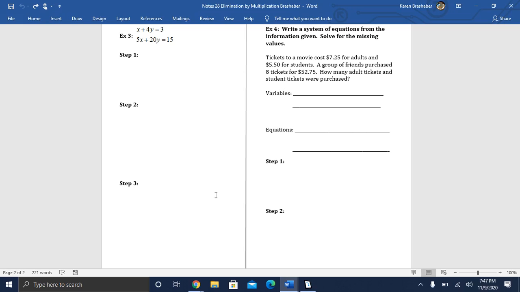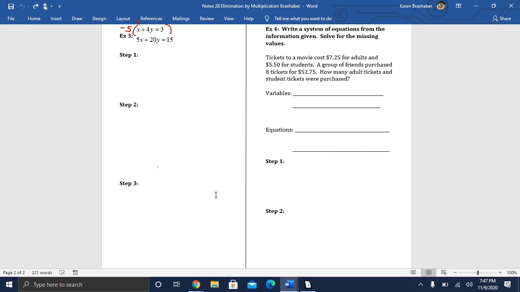Since I haven't done that yet, I could multiply my top equation by -5. If I do that, then I would have -5x, and my bottom equation has +5x, and my x's would eliminate. So I'll do that multiplication. I'm going to multiply my top equation by -5 to eliminate the x.